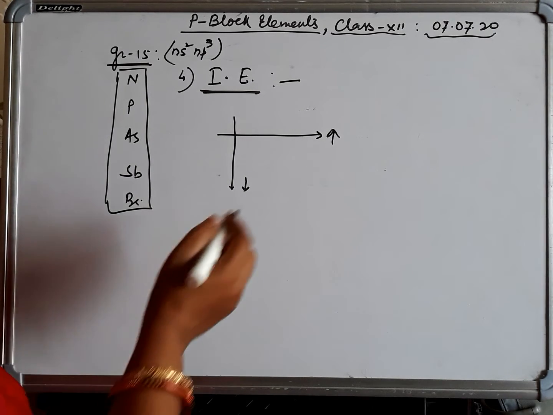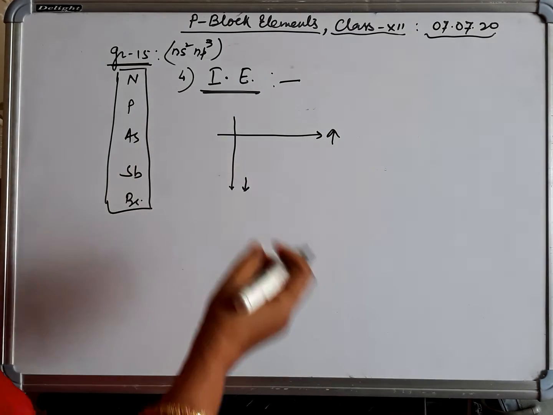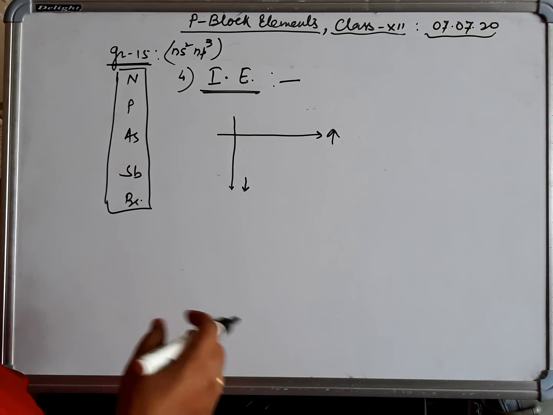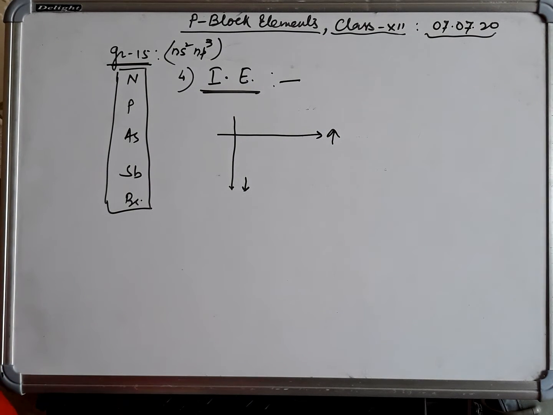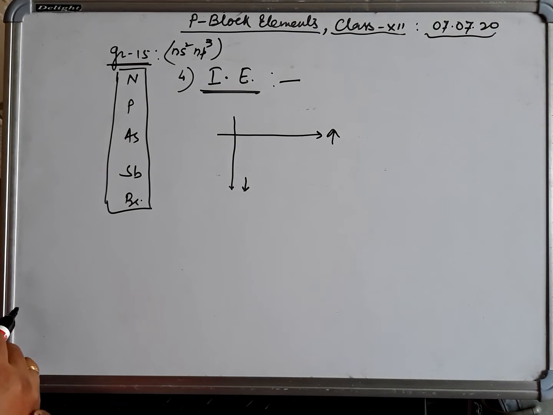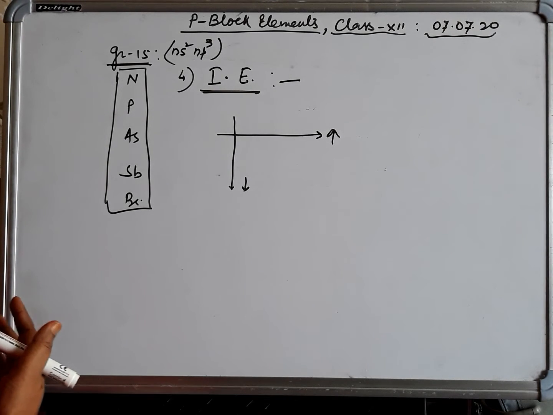So when we try to remove an electron from this extra stable p orbital, much more energy has to be supplied to remove the electron in comparison to group 16 or group 14.